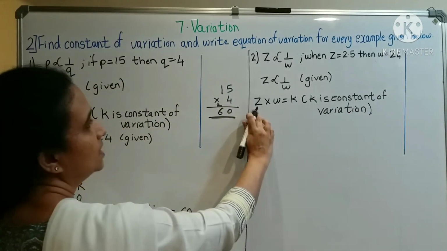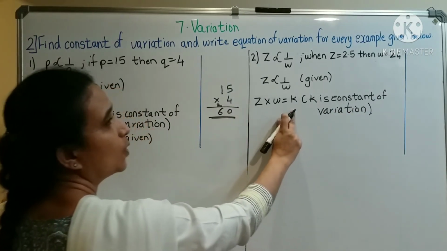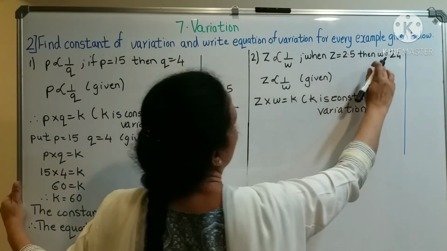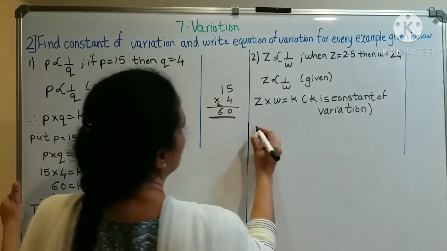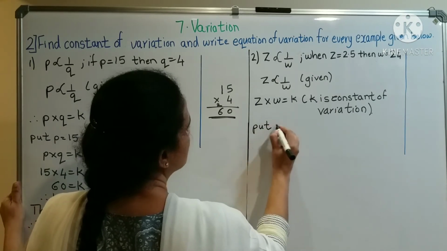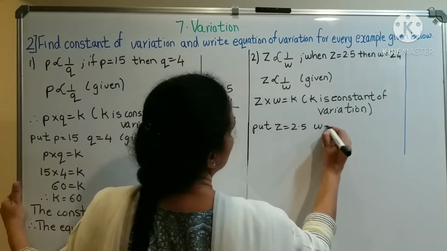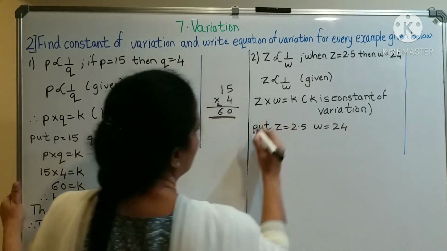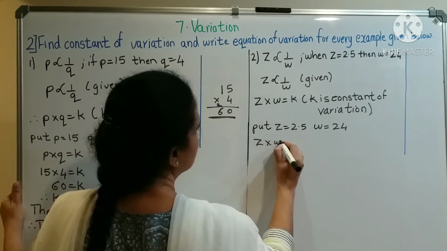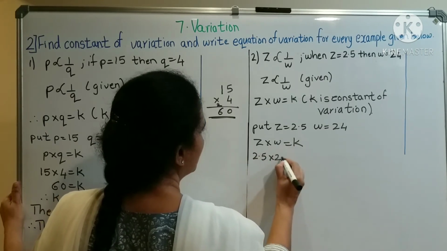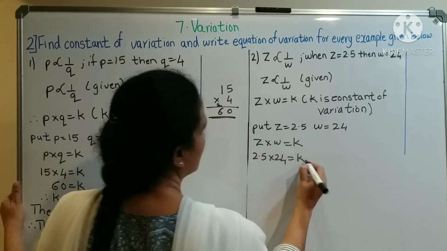Now, in this equation, we are going to put the value of Z as 2.5 and W as 24. Write that equation: 2.5 into 24 is equal to K.